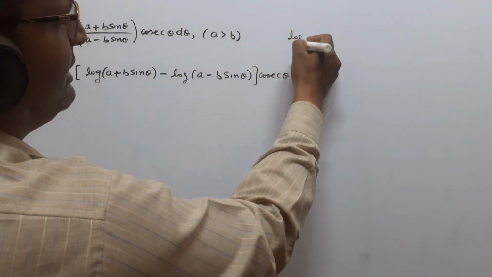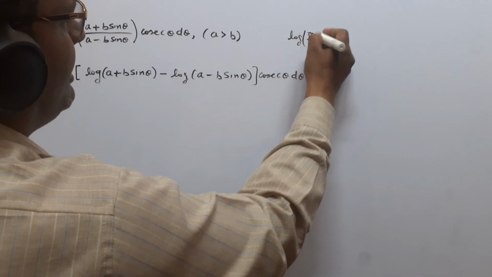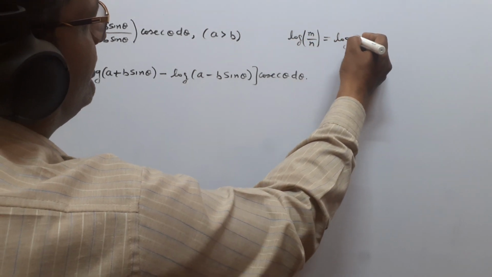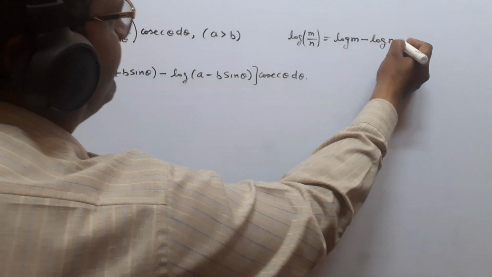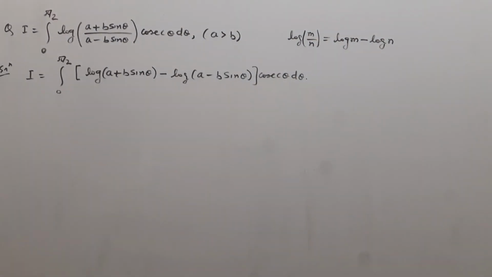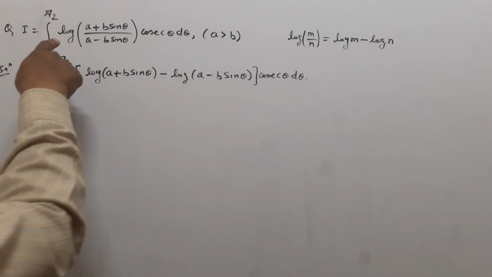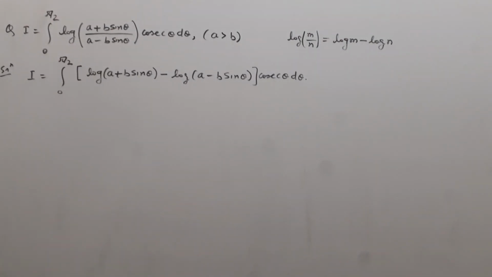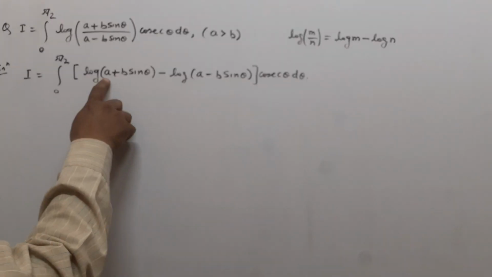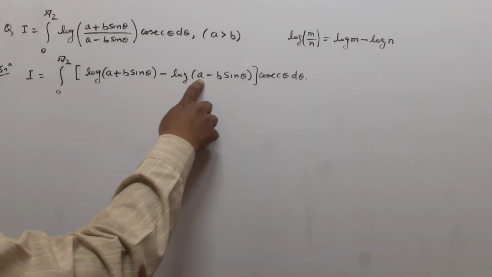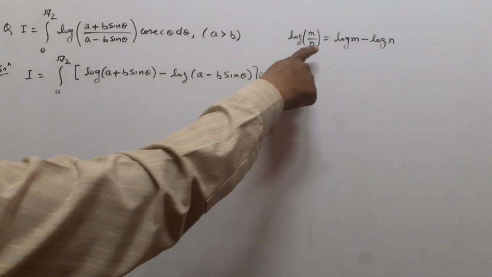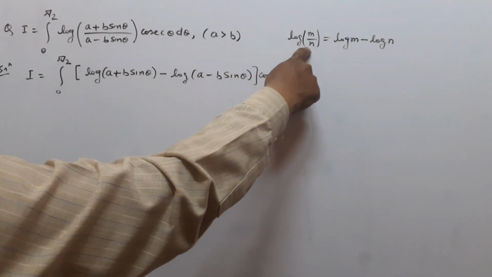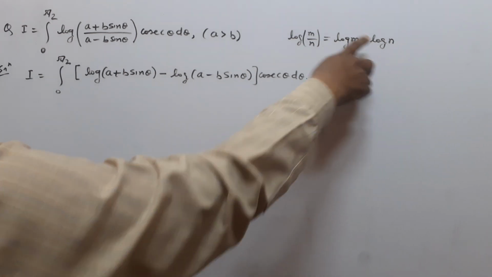This is the property log m upon n equals log m minus log n, which we are using here.